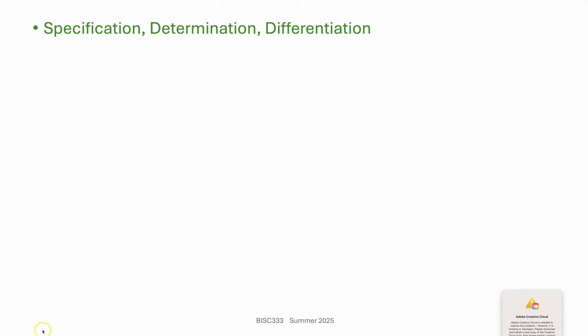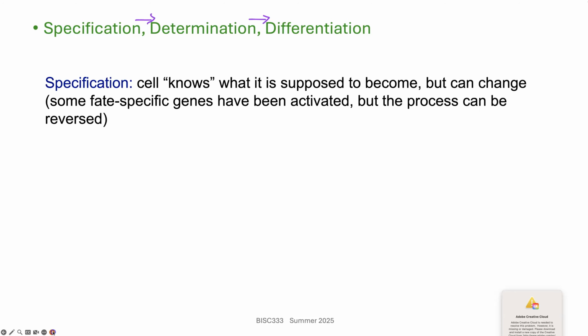Okay, and then the final thing I just want to briefly mention, and we'll talk more about in the class, is specification, which happens before determination, which then happens before differentiation. And these are things that have been defined based on the results of experiments, and we'll talk a lot about those experiments. So cells that are specified, quote unquote, know what they're supposed to become, but it's a reversible process.